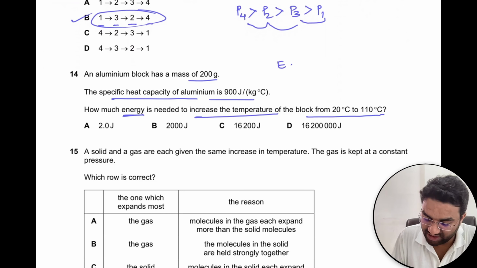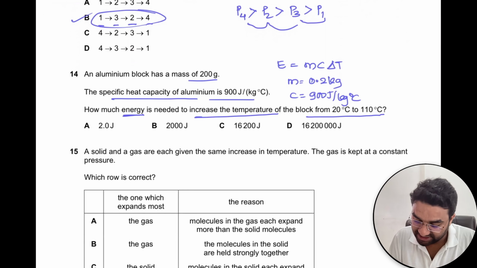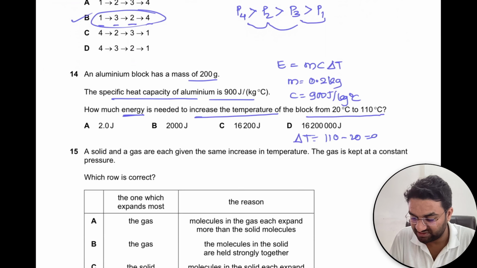Energy is equal to mc delta T. Here I will write all this given data. M is equal to 200 gram, which means 0.2 kg. Then C is 900 joule per kg degree Celsius. Then delta T is basically 110 minus 20, which is 90.